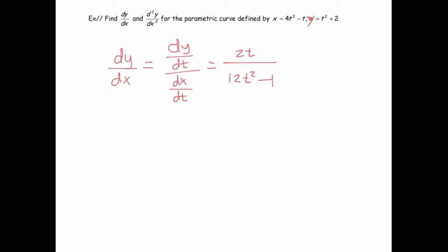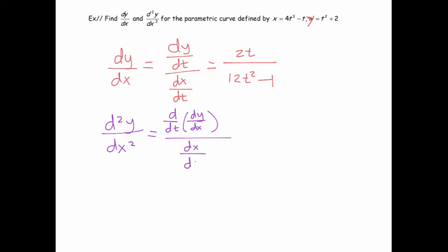Now, the tricky part is getting the second derivative. This is equal to the derivative of dy/dx with respect to time divided by dx/dt. So dx/dt we've already found, right? That's just 12t squared minus 1. This derivative here is the derivative of this whole thing, so we're going to have to use the quotient rule.